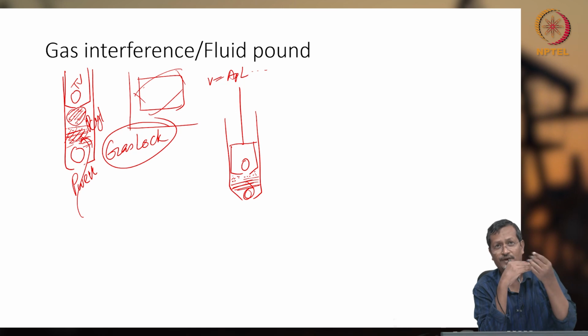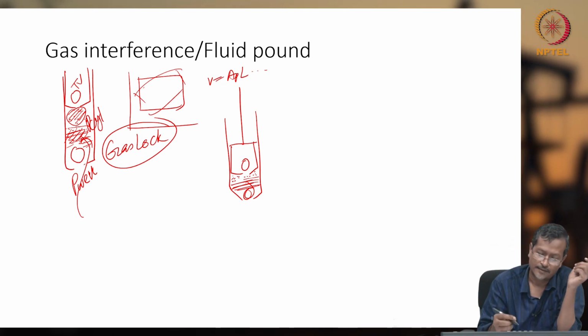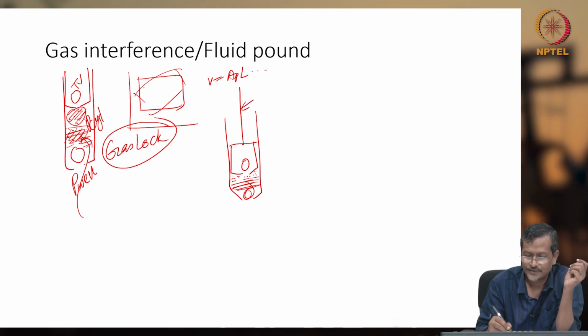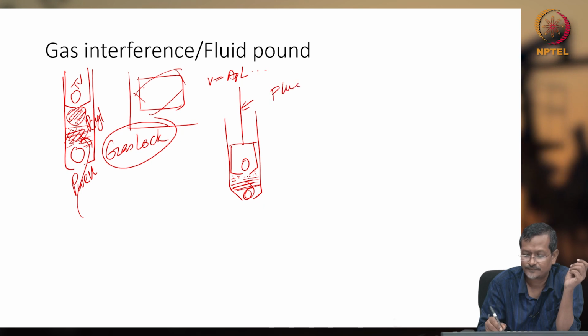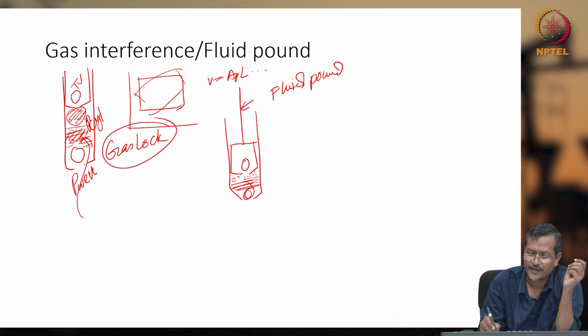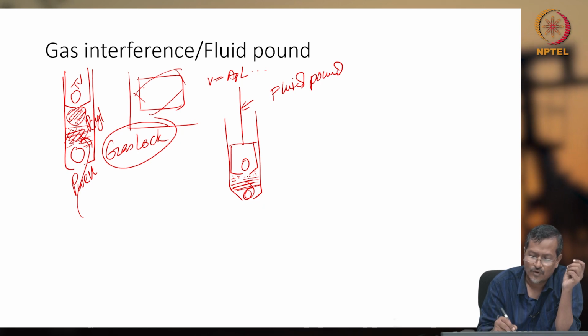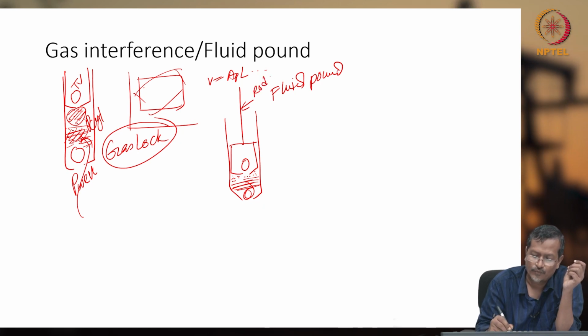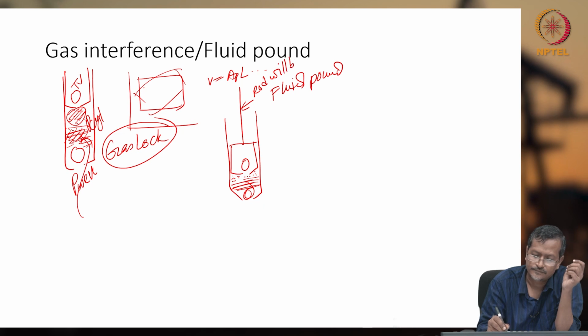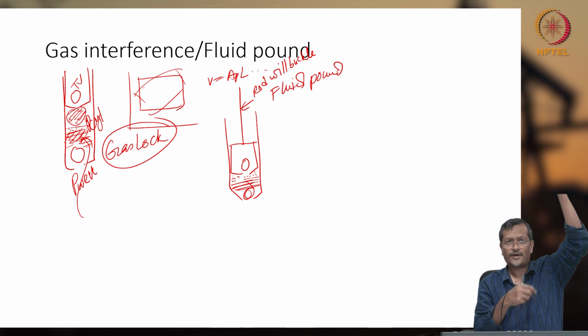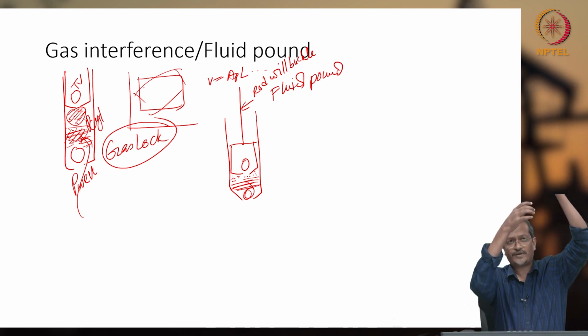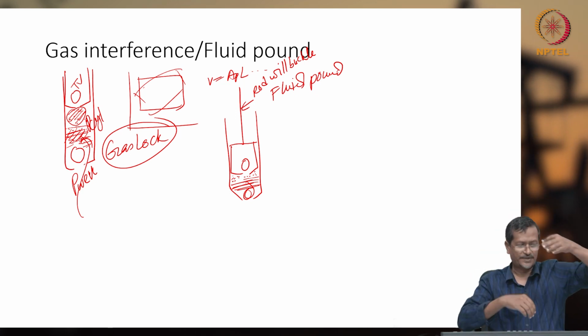Because of vibration, the rod can buckle. This is because of fluid pounding. What is happening? The rod and the whole mass are moving at a very high rate, and suddenly you are stopping the plunger end.